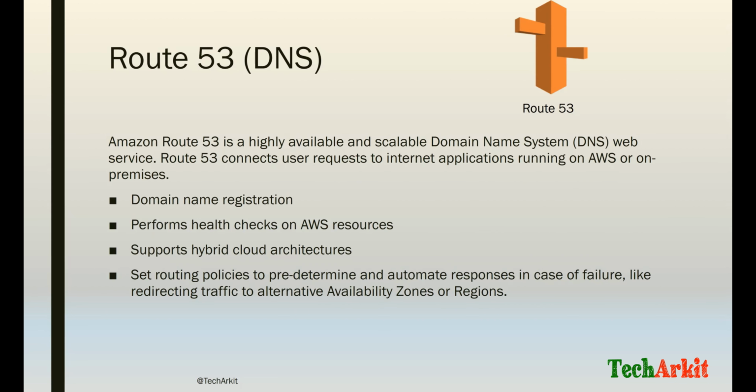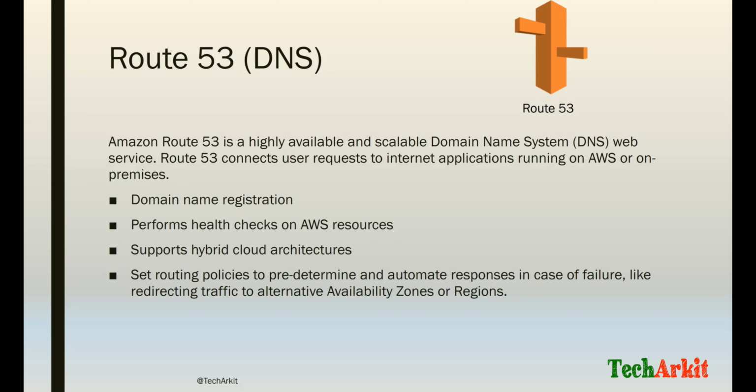So what is the DNS service on AWS which can help you translate your domain name to the IP address? Amazon Route 53 is a highly available and scalable Domain Name System web service, which connects user requests to internet applications running on AWS or on premises.